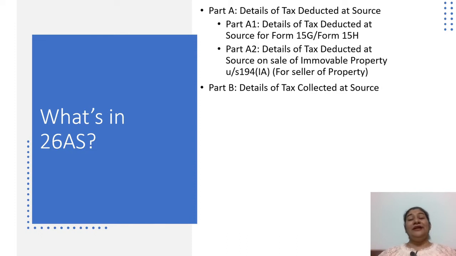Part B. Here are the details of tax collected at source. Like there is tax deducted at source, there is tax collected at source. Means here nobody is deducting on the income, but it is collected by the seller. That means who is getting the income, he collects the tax on that and he pays to the treasury or to the income tax department. Now, there are certain sellers who have to collect this tax and pay to the income tax department.